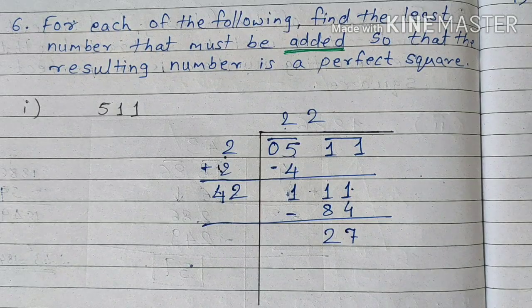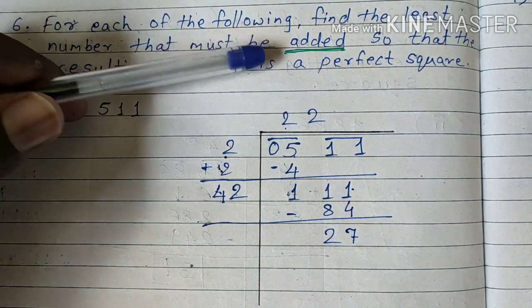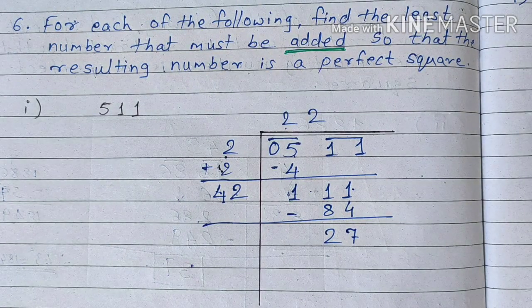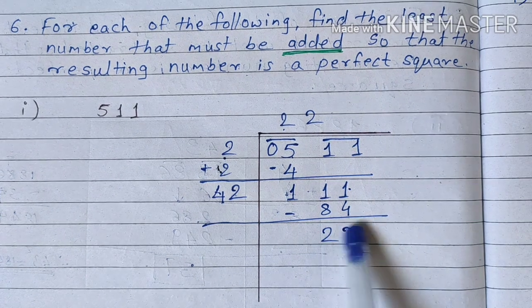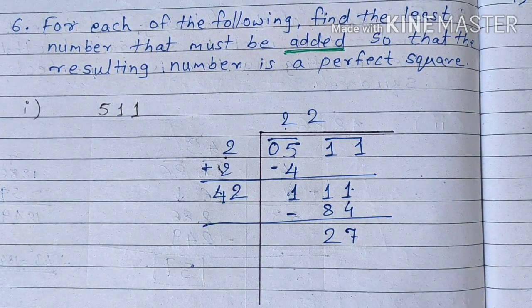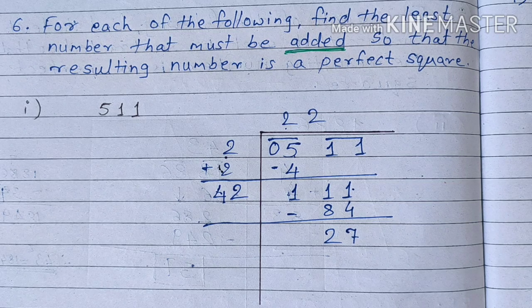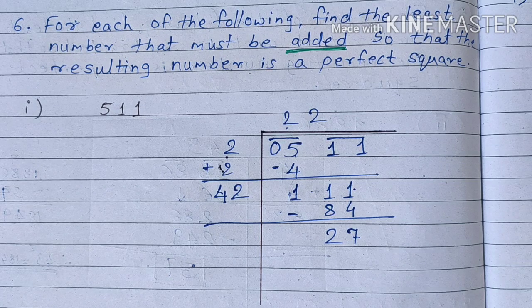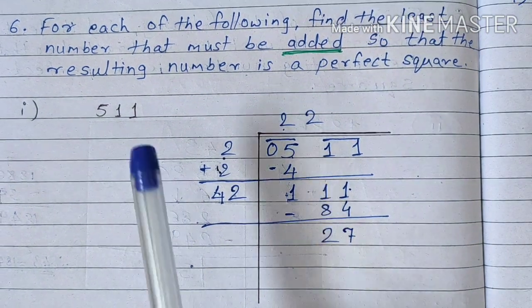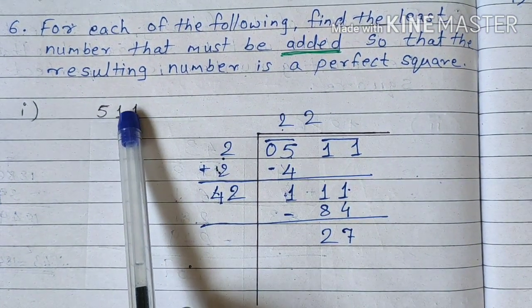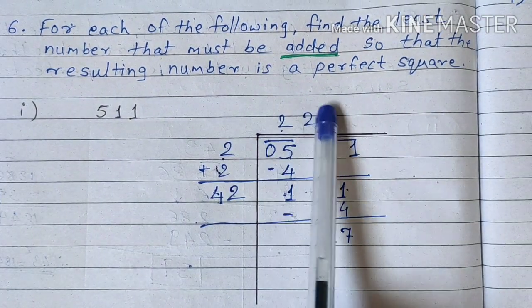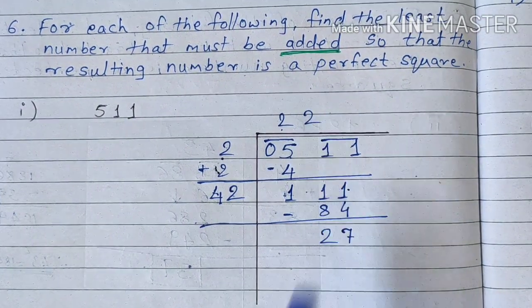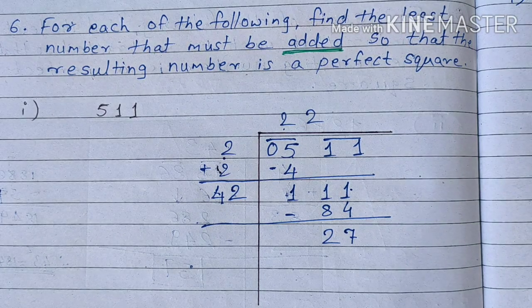Now it is a little bit different from the previous question. When the question was related to subtraction, what we did in the previous one was subtract 27 from this. But here the question is of addition. See students, if we subtract 27 from this given number, the resulting number will be a perfect square of 22.